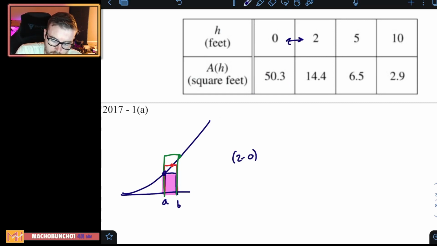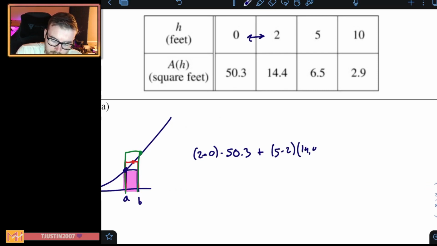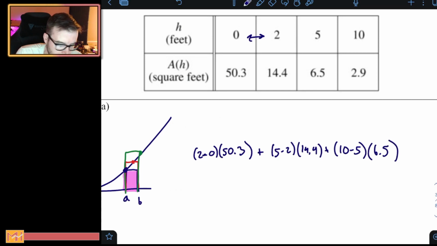So 2 minus 0 times 50.3 plus, then do it again. 5 minus 2 times 14.4. I'm going to use parentheses instead of a times. That is more presentation friendly. Plus, then 10 minus 5 times 6.5.